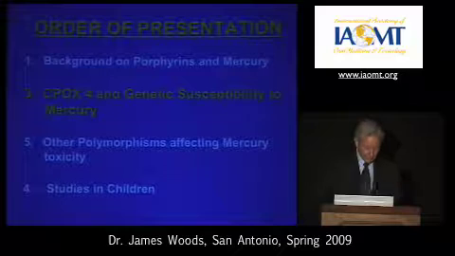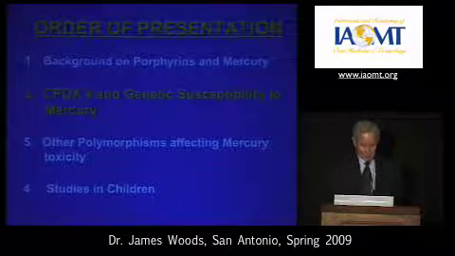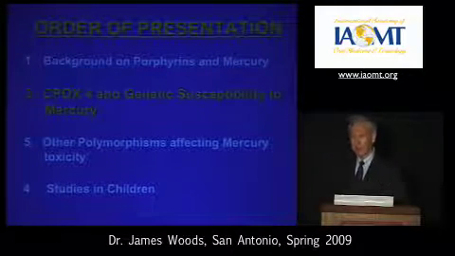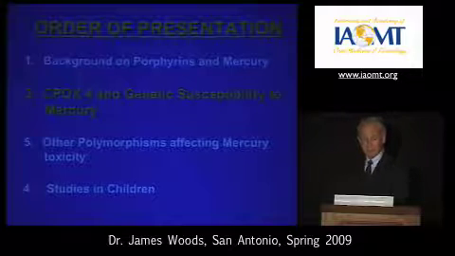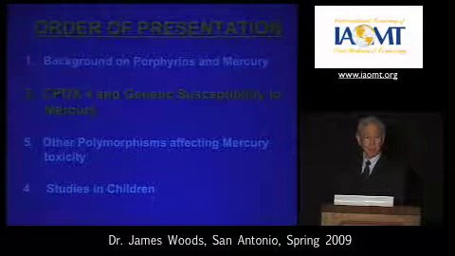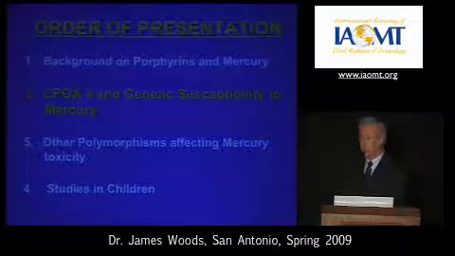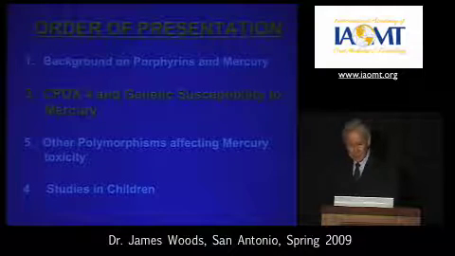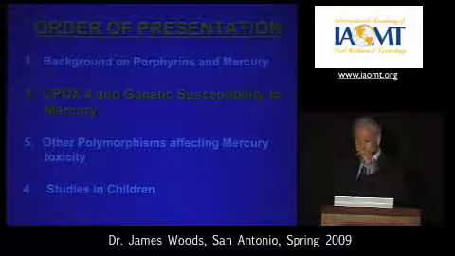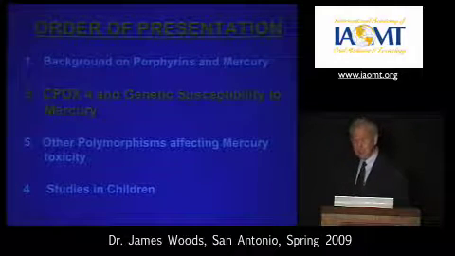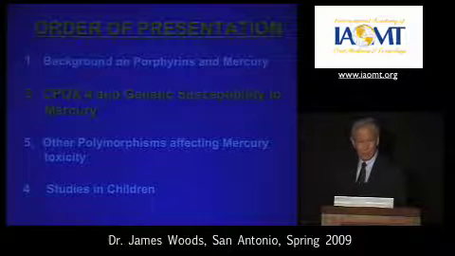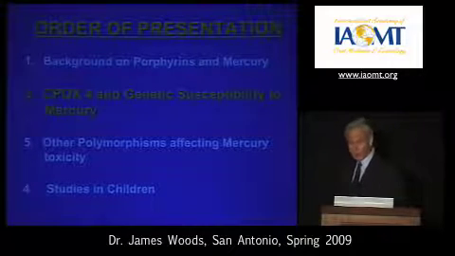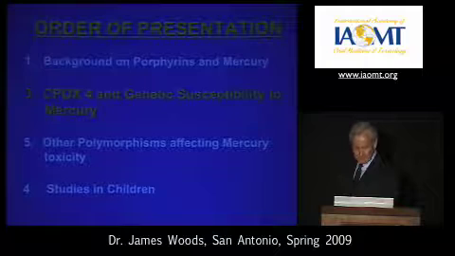Okay, well, that pretty much summarizes what I had planned to say with regard specifically to the biochemistry of the porphyrins and the porphyrin profile as an indicator of mercury exposure. Now I want to talk a bit about genetic susceptibility to mercury, and in particular in relationship to a polymorphism that affects porphyrin excretion.